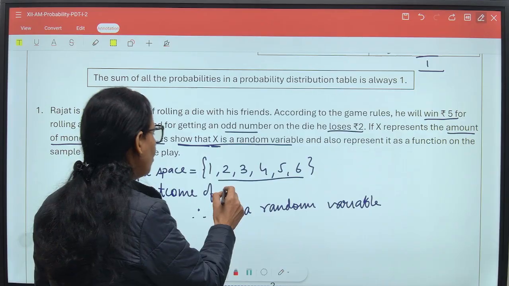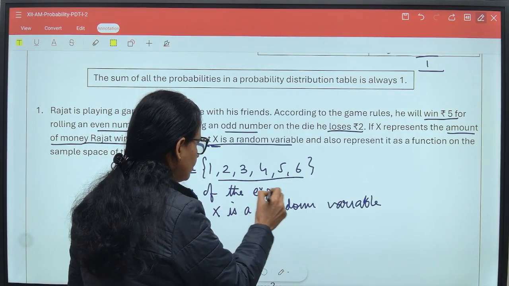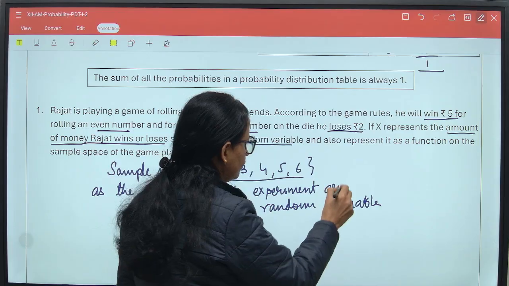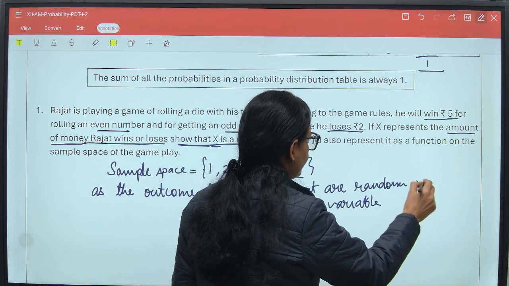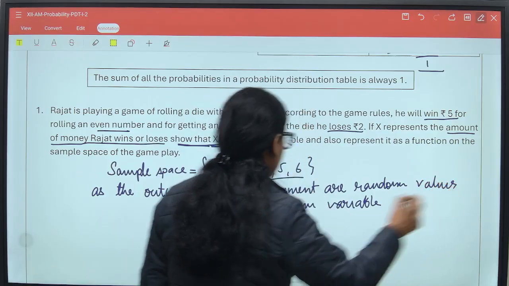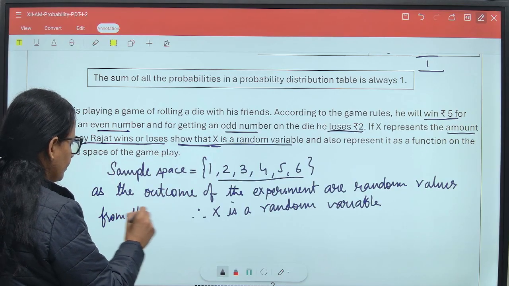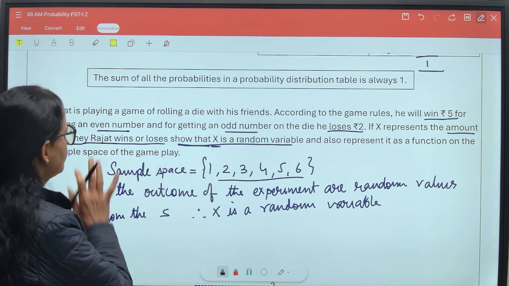As the outcome of the experiment are random values from the sample space, it can be any value out of the sample space, that's why it is a random variable.